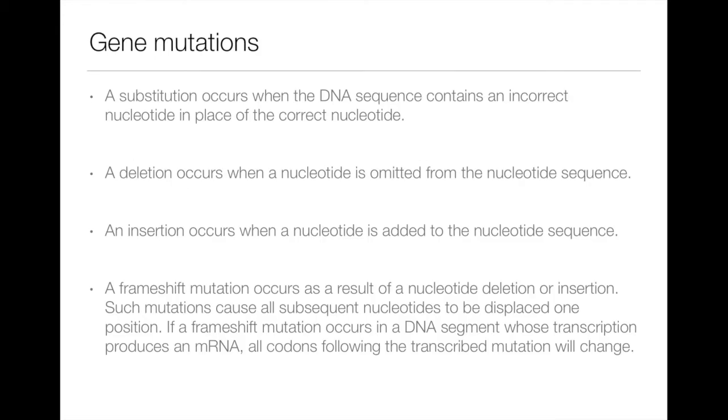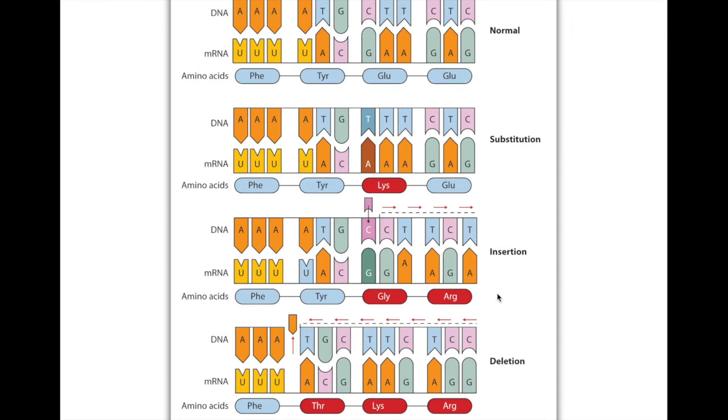Let's look into gene mutation. We've got 4 kinds. Let me show you the 4 kinds. First of all, this is the normal DNA sequence of the sense strand. Let's see substitution.